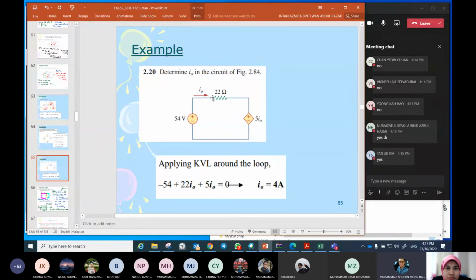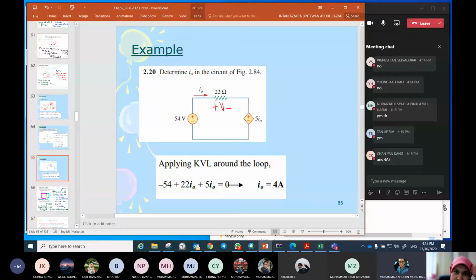Okay, because when the current flows to a resistor, the voltage drop must be positive first, and then negative. So that's why it is positive 22. So whenever in the circuit the sign for a resistor is not stated, we can assume the current flows from positive to negative.